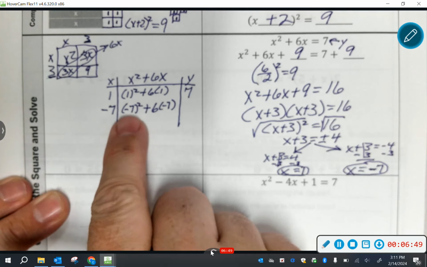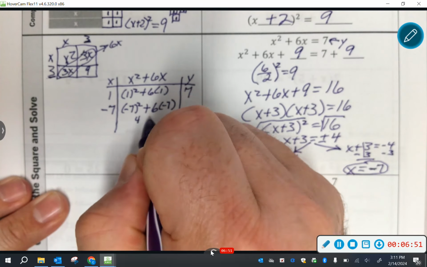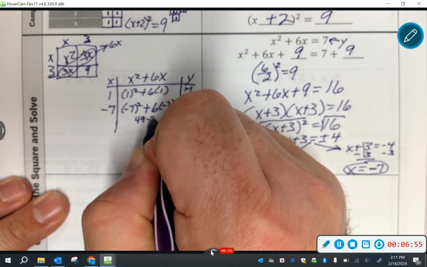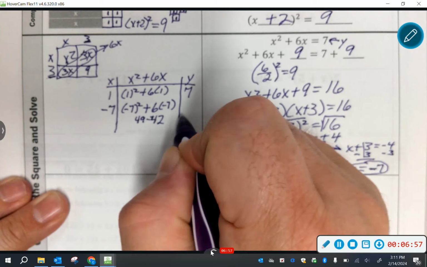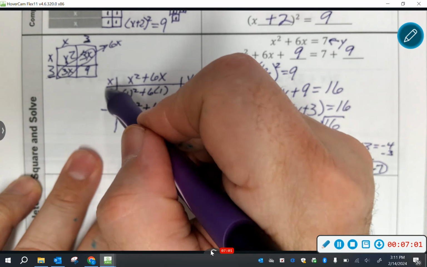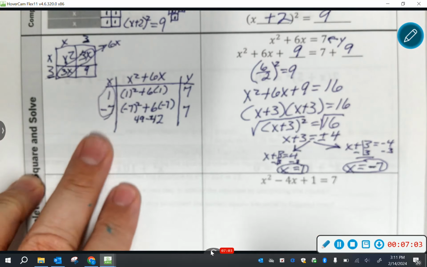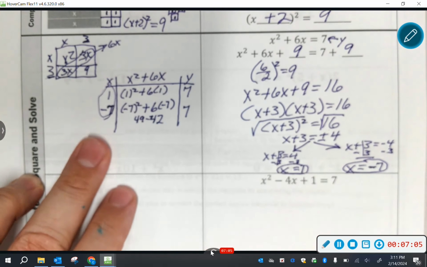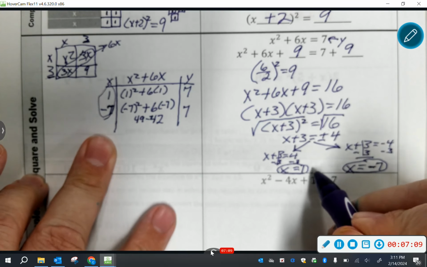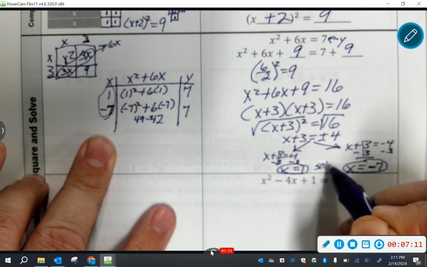So that's going to give me 49. And then 6 times the negative 7, that's minus 42. 49 minus 42 is 7. Okay? So that shows how completing the square helps us get these solutions. So again, remember these right here, these are the solutions.